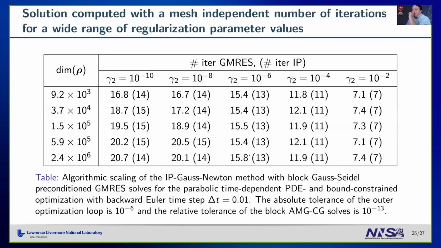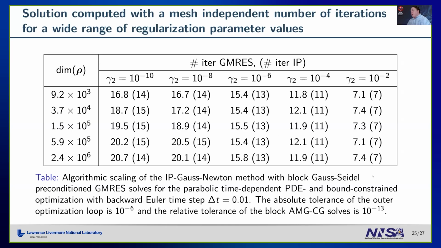Okay. We then looked at the algorithmic scaling of the method for under regularized and over regularized problems. Again, we have a sequence of increasingly refined meshes, and in parentheses are the number of interior point iterations, and to the left are the number of GMRES iterations. In any one of these columns, we have mesh independent performance.